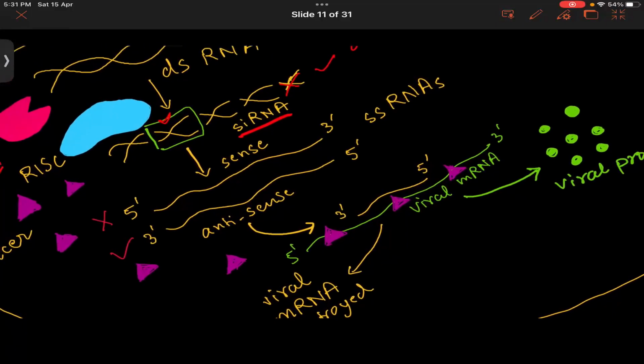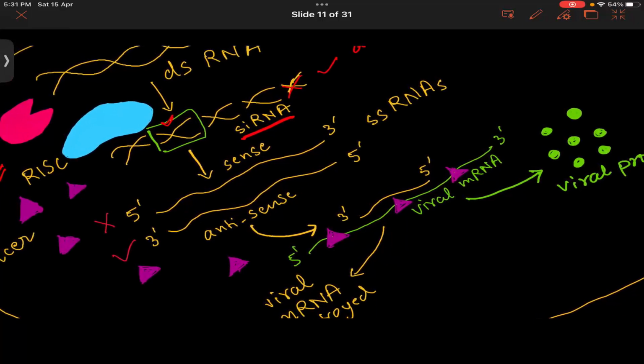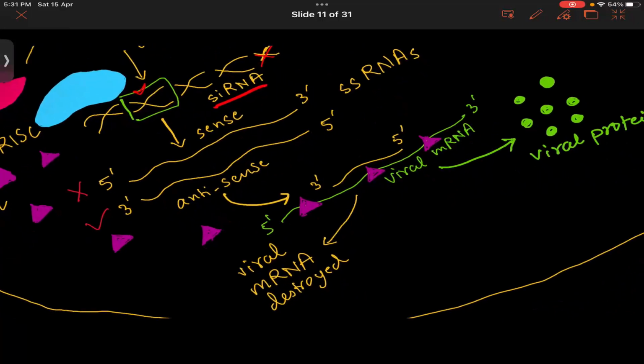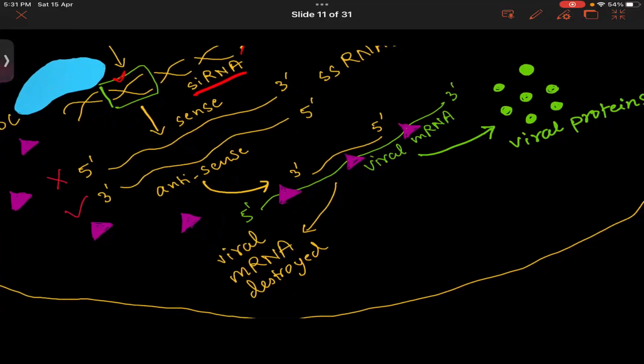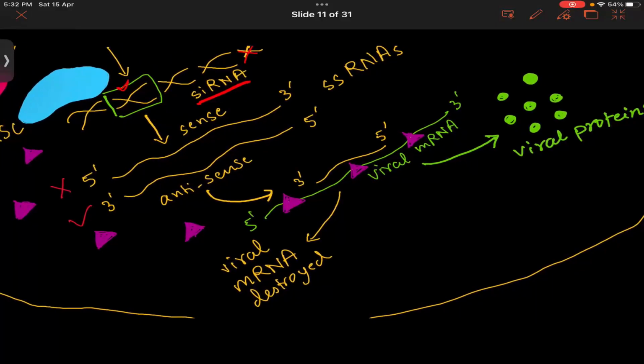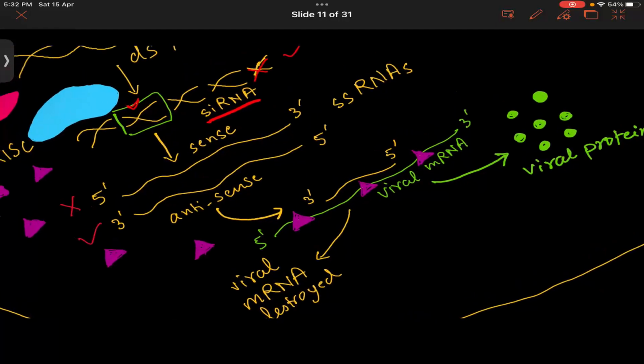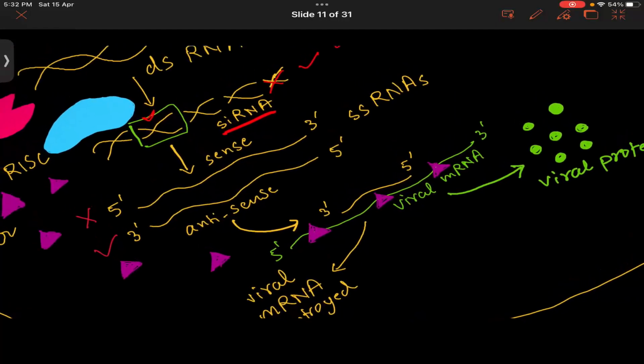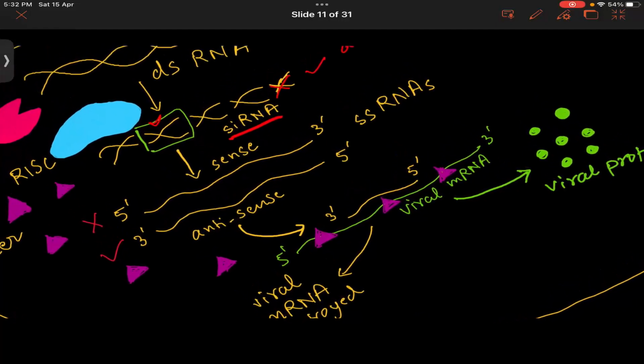So one will go from 5 prime to 3 prime, another will go from 3 prime to 5 prime. Now, if you recall your understanding from the transcription and replication processes, this strand that is running from 5 prime to 3 prime is called the sense strand, okay?